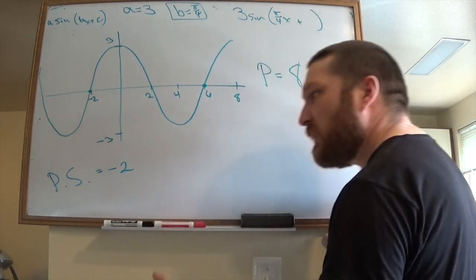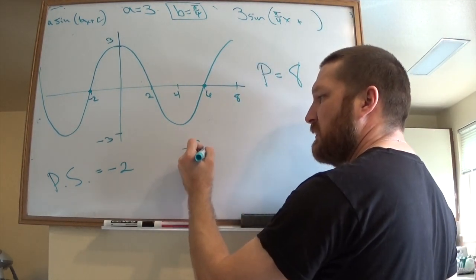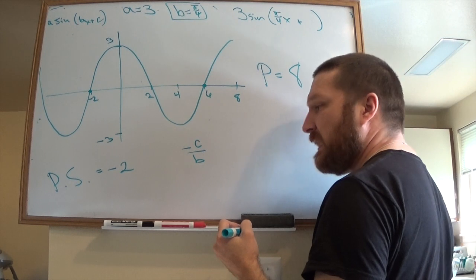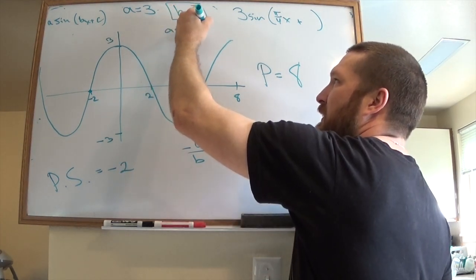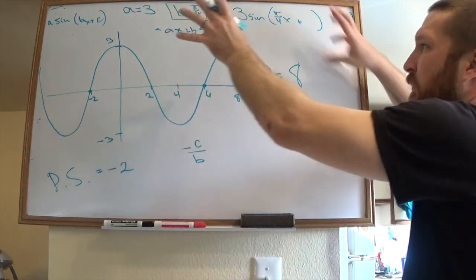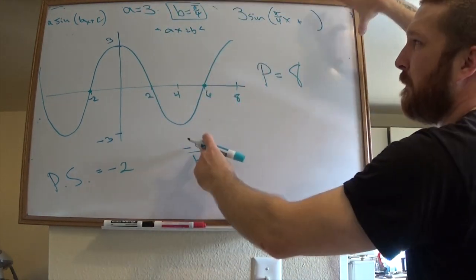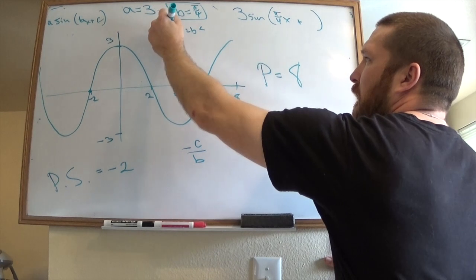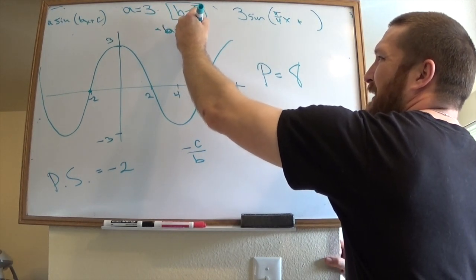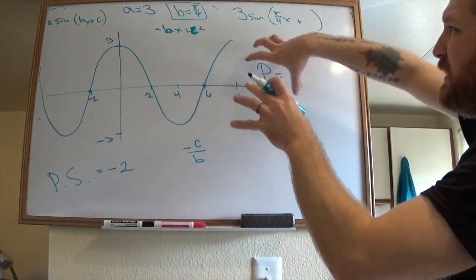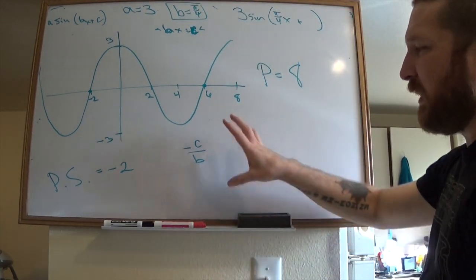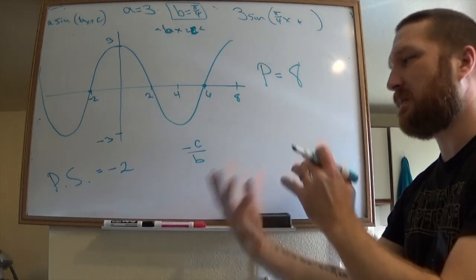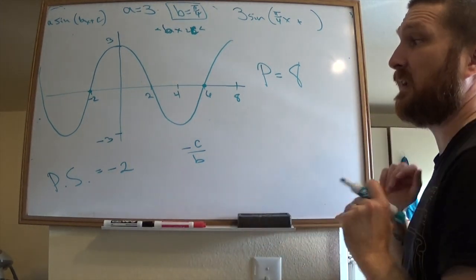There's a couple ways that we could get it. We could use the definition, minus C over B. If you remember how we got that, when we put the bx plus c in between, and then we brought the c over, it picked up a minus. You divide by the b, and that's why you have that. Whatever sign that ends up being, whether c is positive or negative, it's all taken care of.